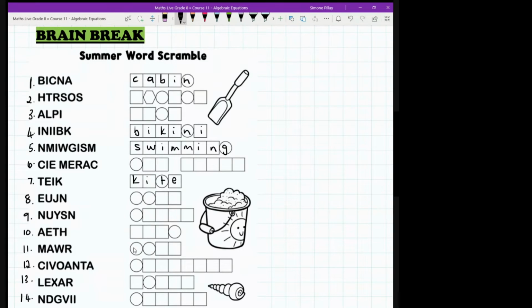Yes. 6 is ice cream, yeah. My handwriting looks like a 3-year-old. I think it is. 13, relax.